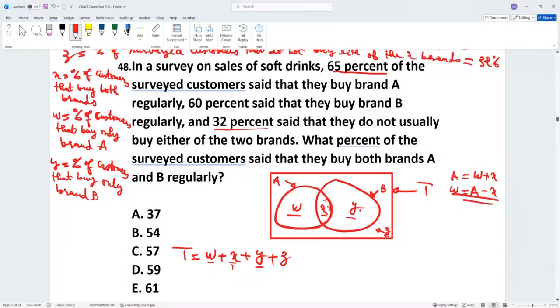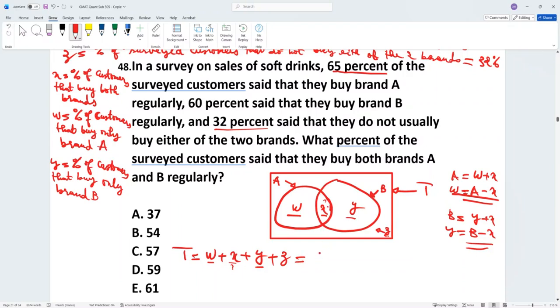The same thing for Y here. You know that B is actually equal to Y plus X. So Y is going to be equal to B minus X. So we will replace the values here.